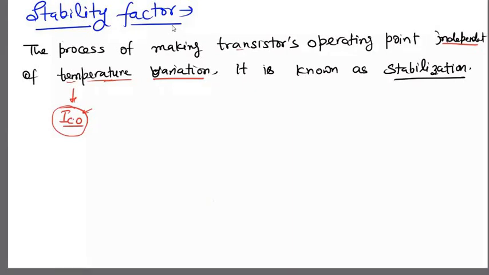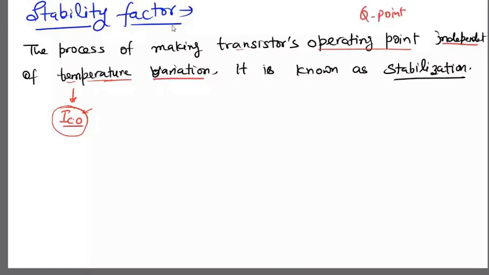Okay, so like we know well, stability factor we can define. There are 2 points. Operating point, we are talking about the Q point.